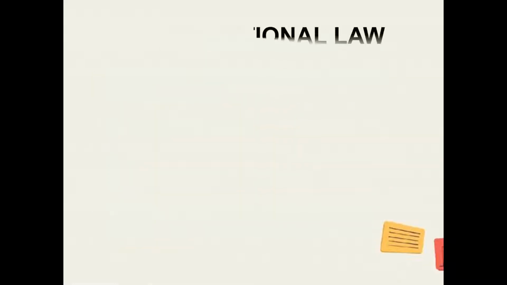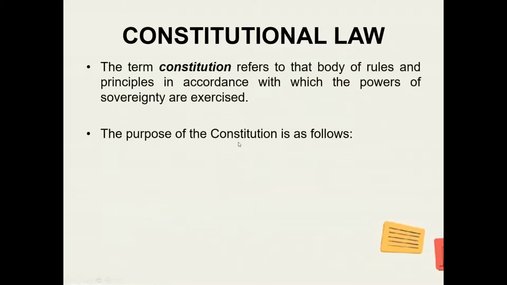So let's start. What is the meaning of constitutional law? The term constitution refers to that body of rules and principles in accordance with which the powers of sovereignty are exercised. Constitution refers really to a document wherein our laws, our rights, and our privileges are enshrined.